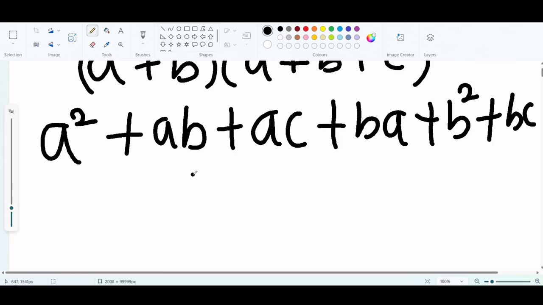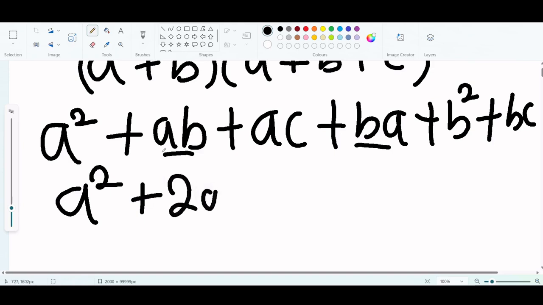So when we have AB and BA, these two, we can add them together, just like when we say A plus A is going to be 2A, B plus B is going to be 2B. So this is going to be A squared plus 2AB.